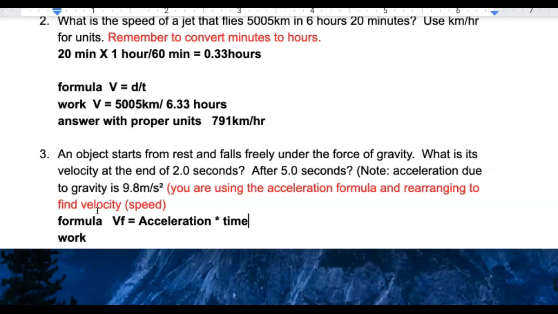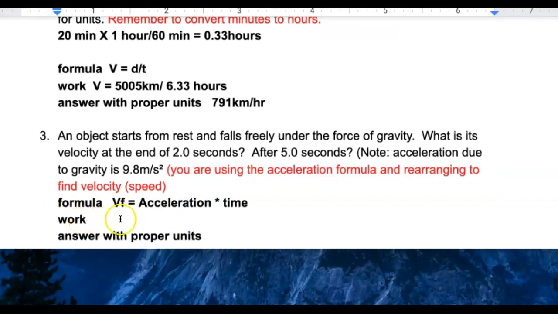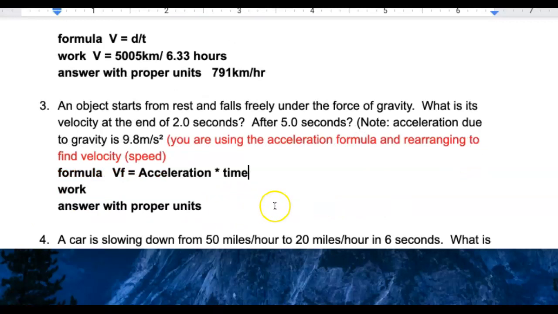The way you get this, in the normal formula, acceleration is equal to v of f minus v of i divided by time. If I multiply both sides by time, that cancels my time out on the side with the v of f. I can ignore the 0 for the initial, and then I should be able to show my work for 2 seconds as well as at 5 seconds, and then have proper units for velocity. So there should be nothing squared because I'm taking the time away from it here.